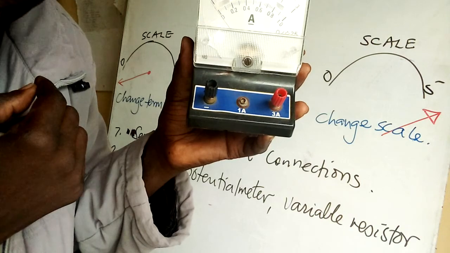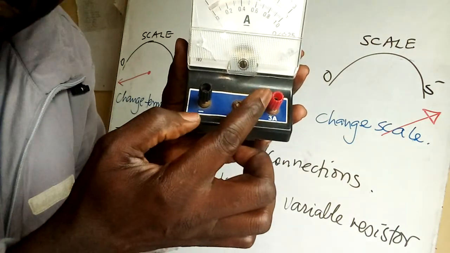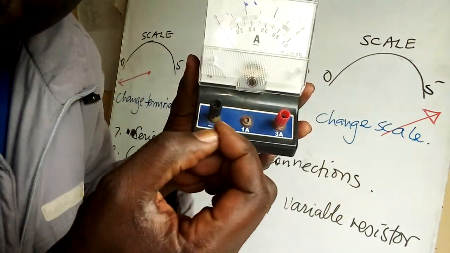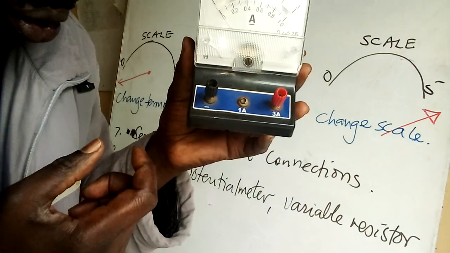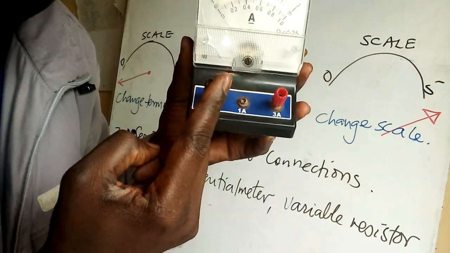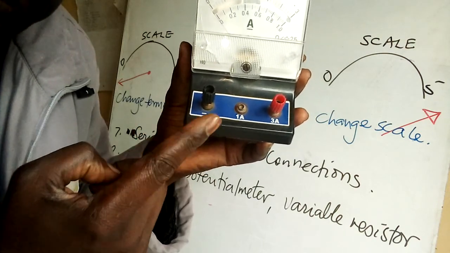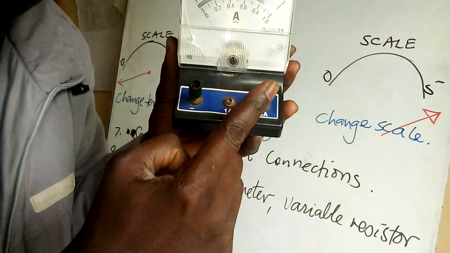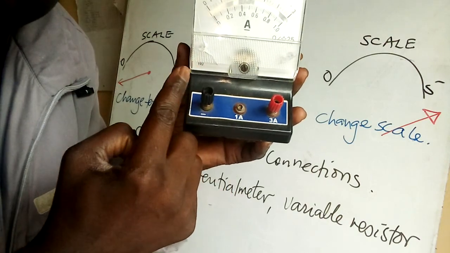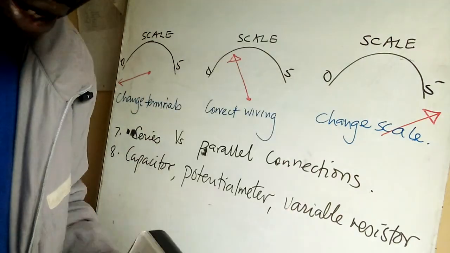Right? So let us begin understanding troubleshooting and its correction. If I get a deflection below zero, I change the terminals. Whatever was on red, bring here, and black, take it there.